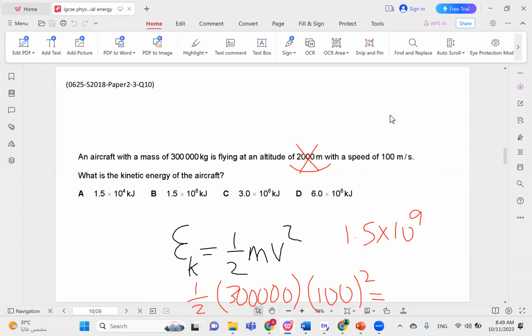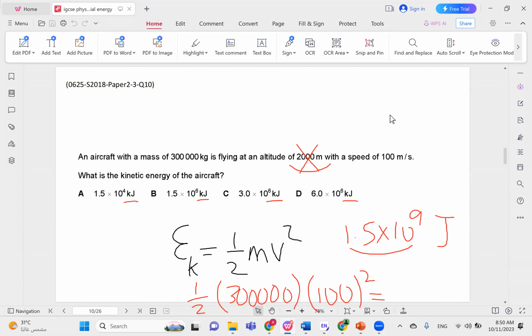Well, this is the kinetic energy and it's given in joules. However, all the choices are given here in kilojoules. So how does that change anything? Kilogram, kilojoules, kilometer, anything with the prefix K before the unit means 1,000. So kilogram is equivalent to 1,000 grams. Kilojoules is equivalent to 1,000 joules.